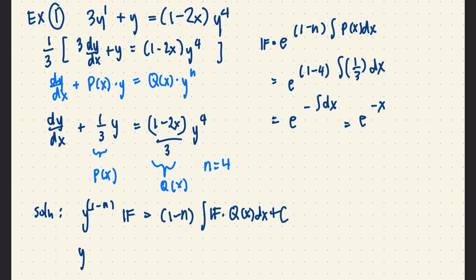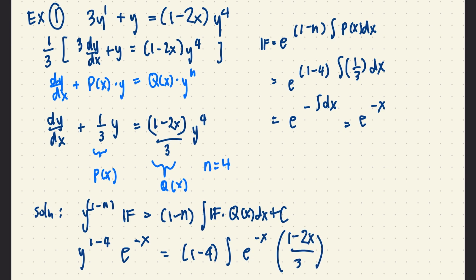So y raised to 1 minus 4 times the integrating factor e raised to negative x is equal to 1 minus 4 times the integral of the integrating factor e raised to negative x times q of x, so you have 1 minus 2x over 3 dx plus c.